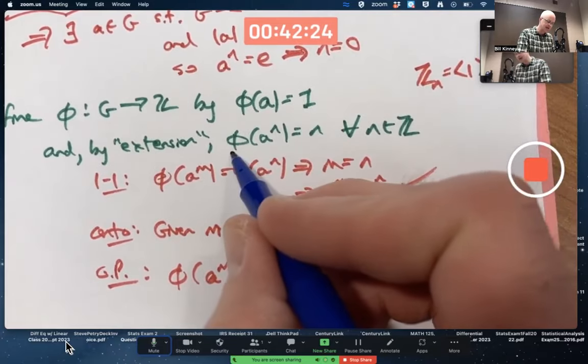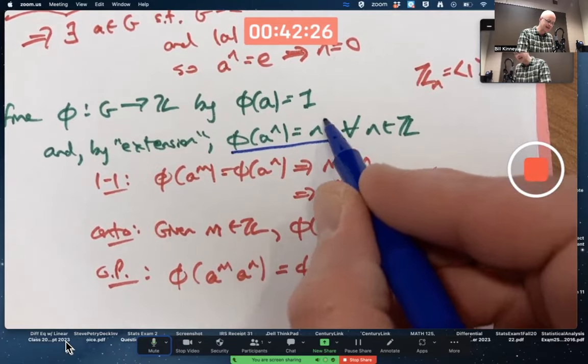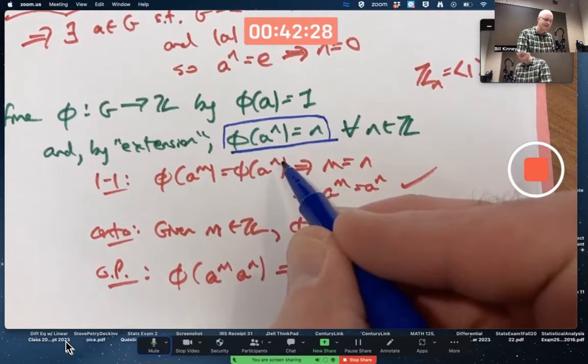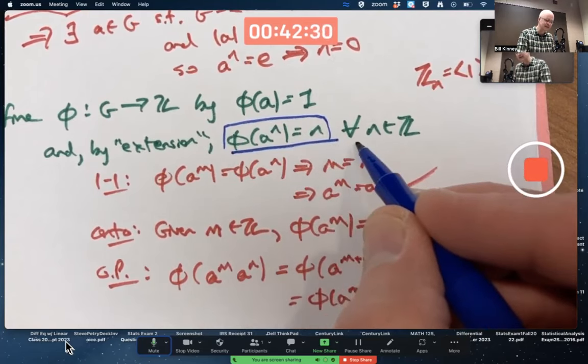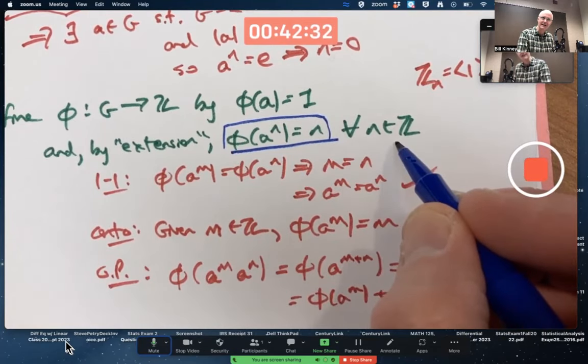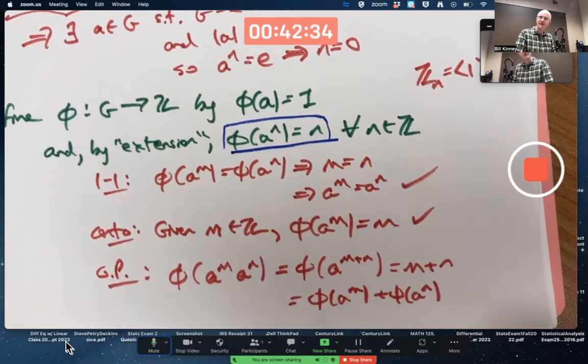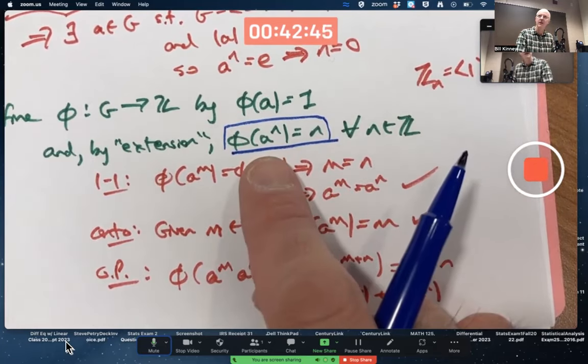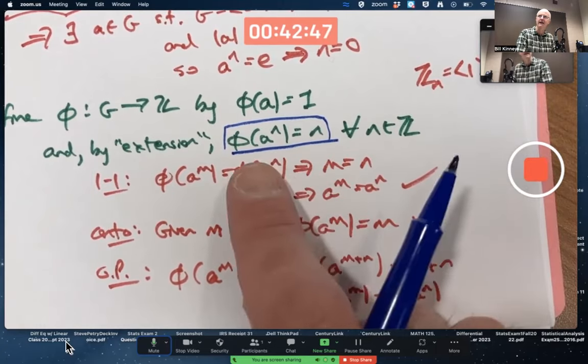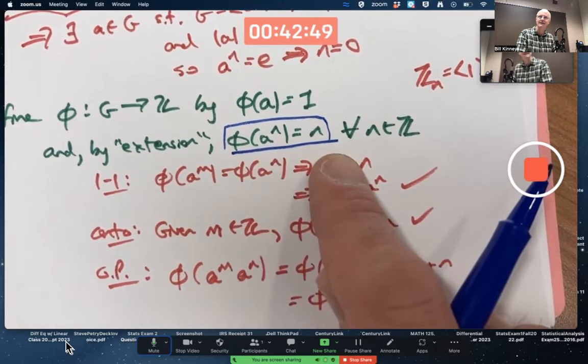And the question is, does this formula make sense? Really, it doesn't if it's for all n in Z, because with a finite cyclic group, it cycles. If, for example, it has order 6, a to the 8th would be the same as a squared. And this formula would say we're mapping a squared to 2 and a to the 8th to 8. That doesn't make any sense.